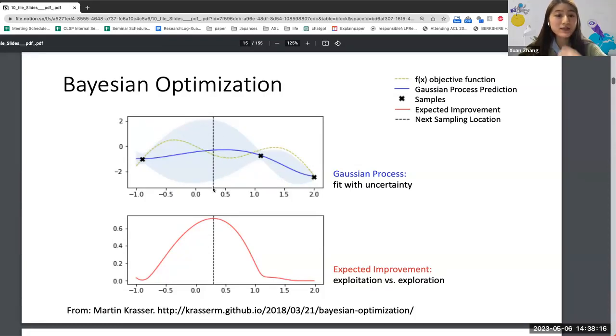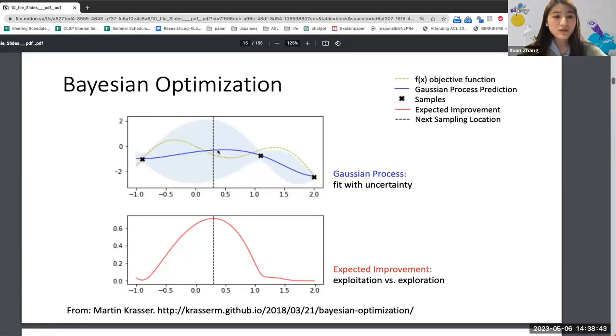So for the evaluated samples, those black X on the blue curve, we have more certainty about their values. So their variance is much smaller than for other points. Also note that points further from evaluated points have a larger variance, indicating greater uncertainty about their values.